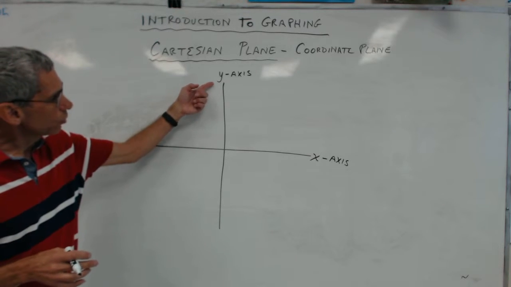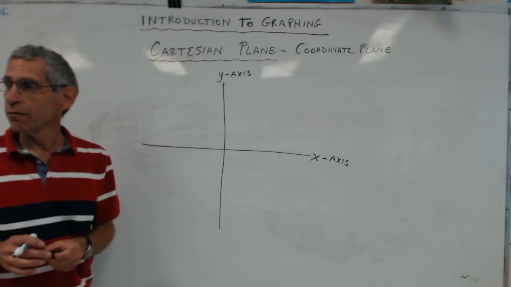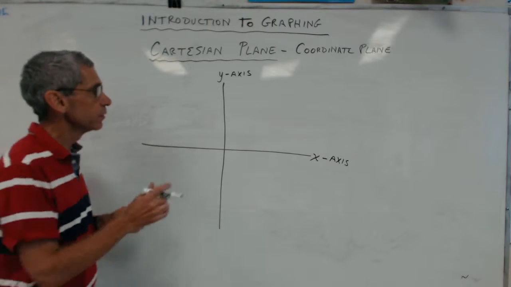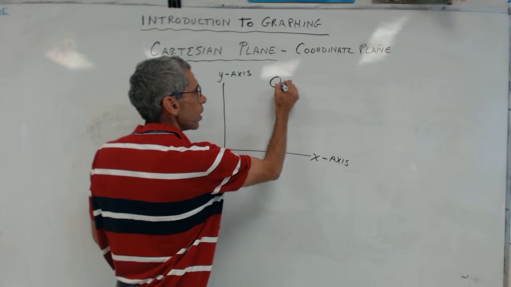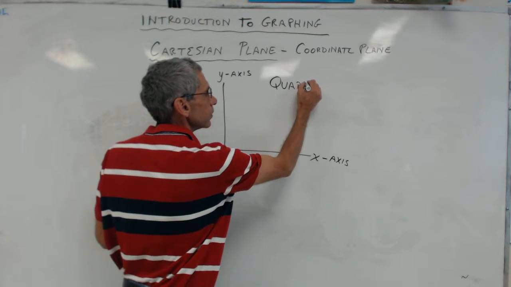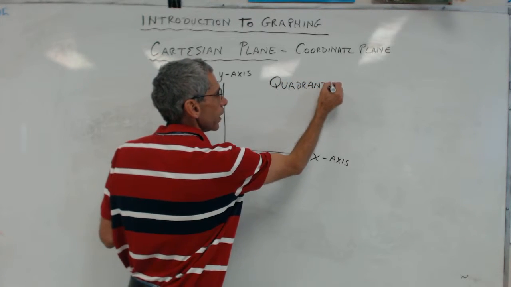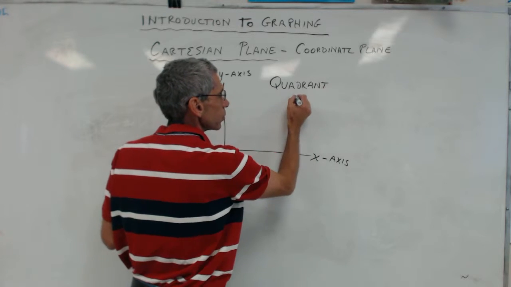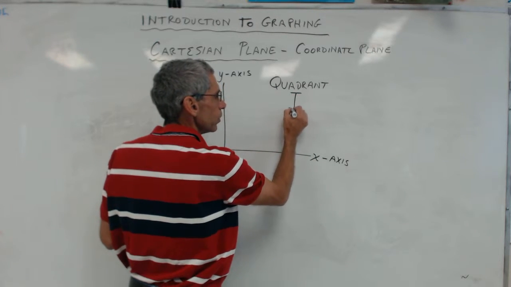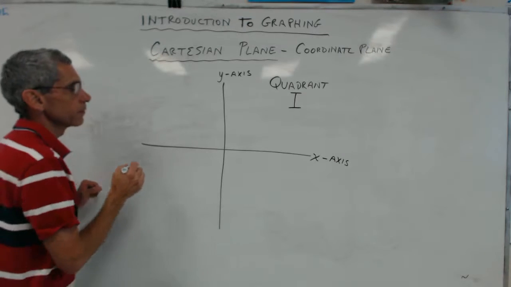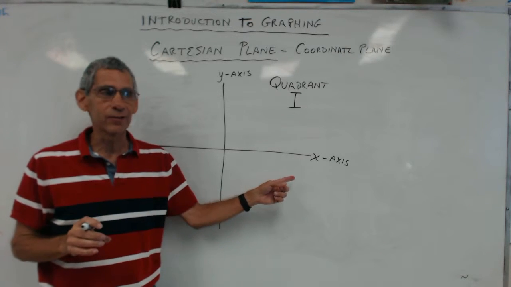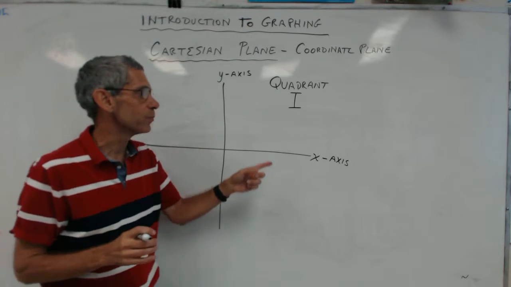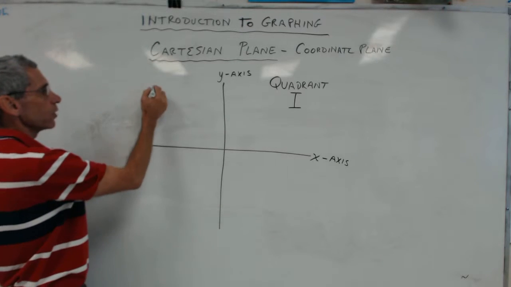So, in addition to the axes, there are 4 quadrants. This is quadrant 1, and you write quadrant 1 in a Roman numeral. Now, a lot of people think quadrant 2's down here. It would make so much sense to go clockwise, but no. For some reason, they go counterclockwise.